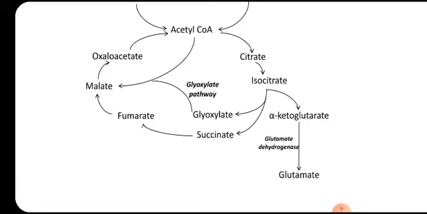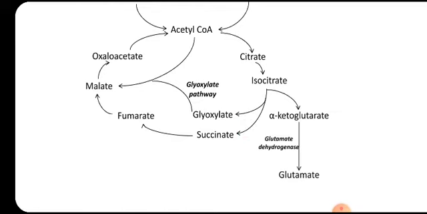Whatever alpha ketoglutarate is generated is solely converted to glutamate, and that is the reason why this organism produces glutamic acid in excess, because there is no conversion of alpha ketoglutarate to succinate.